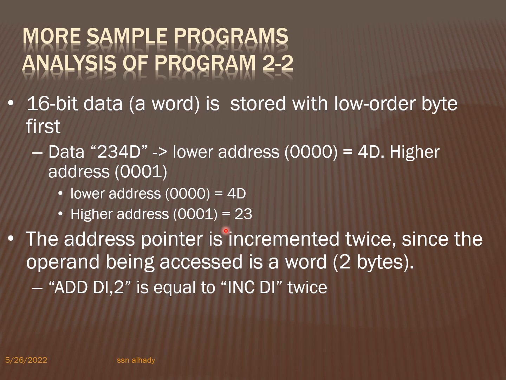We call it a little endian structure. The address pointer is incremented twice since the operand being accessed is a word, meaning 2 bytes. So you add 2 to DI, which equals incrementing DI twice.